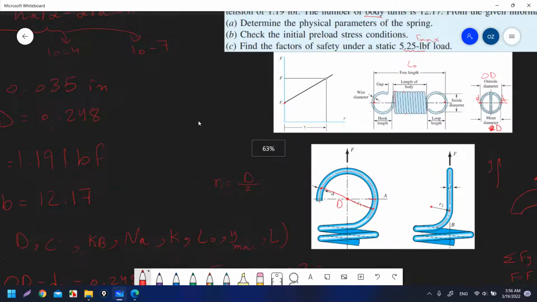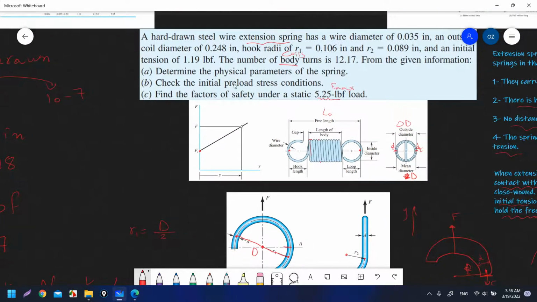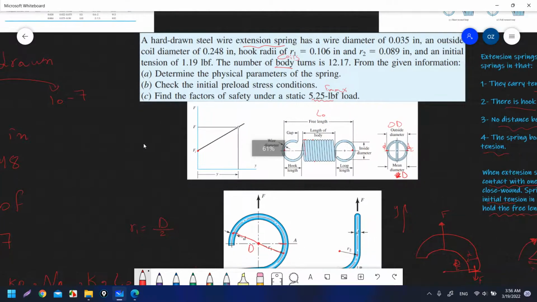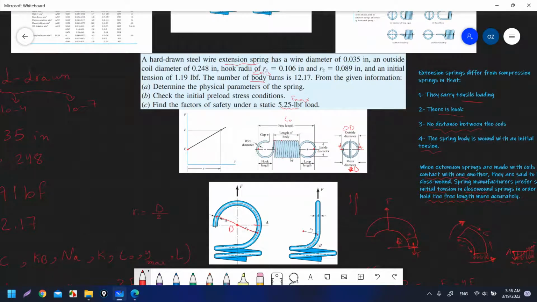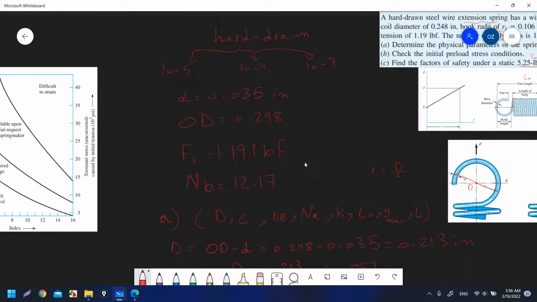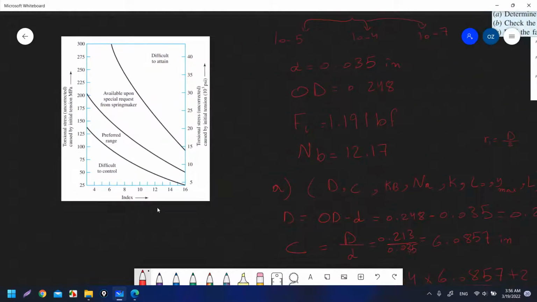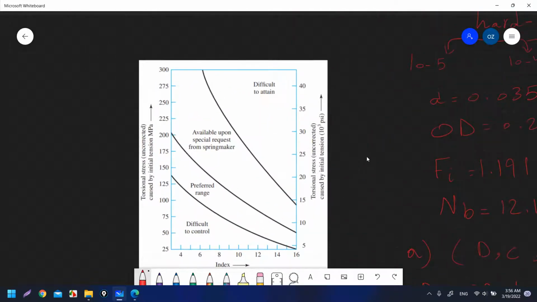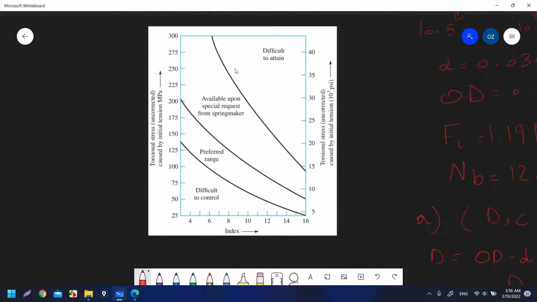We finished part A. Part B: check the initial preload stress conditions. What is the meaning of this? When you apply the initial tension, maybe it is not preferable, or maybe you cannot control this initial tension, or it is difficult to attain.